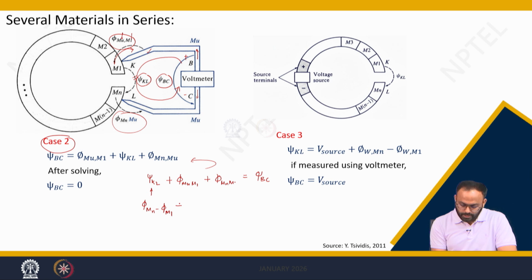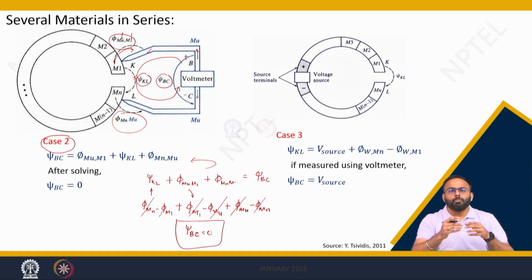Then phi M1 minus phi Mu, and this will give you phi Mu minus phi Mn. If you see carefully, these all get cancelled, and hence psi BC is 0. Meaning, the moment you connect a voltmeter to this series combination of metals, the equivalent voltmeter reading is 0.